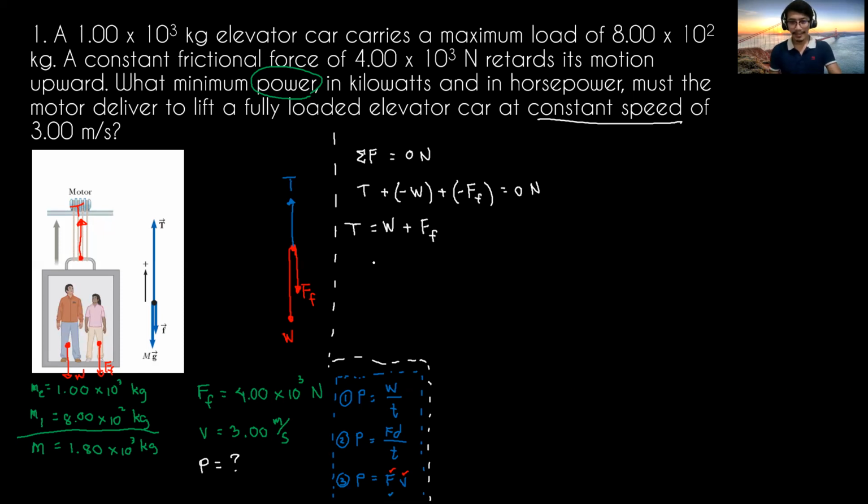Okay? So how do we solve for weight now? That is just mass times acceleration due to gravity. We know that. We've known that for a long time, right? Plus the frictional force.